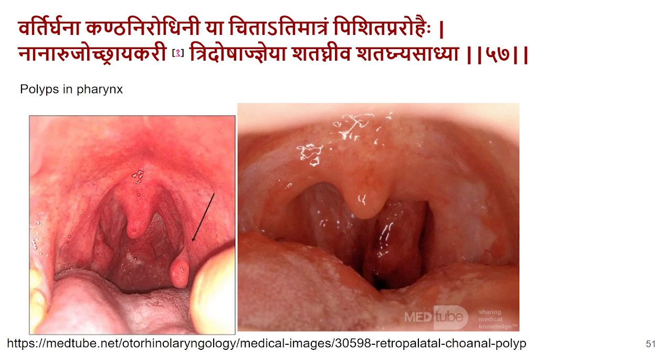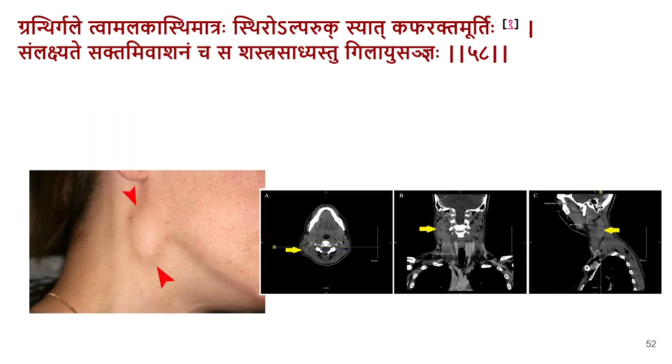Usually polyps in the pharyngeal area may not produce a total obstruction, but continuous irritation in the throat, and they can be a cause for irritant cough, or maybe nausea and vomiting could occur due to the pharyngeal polyps. So that's about the other thing.